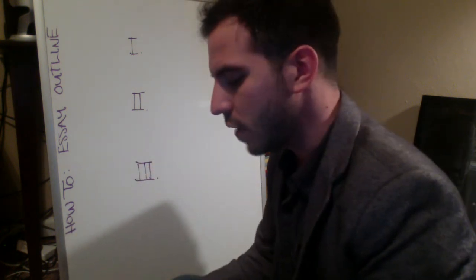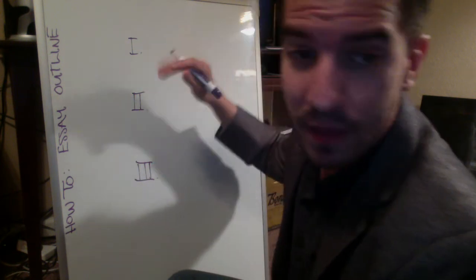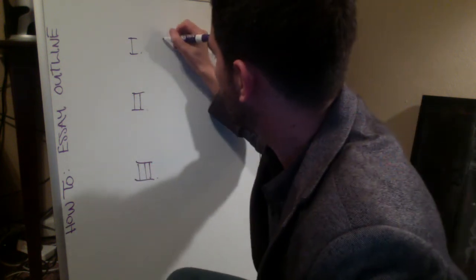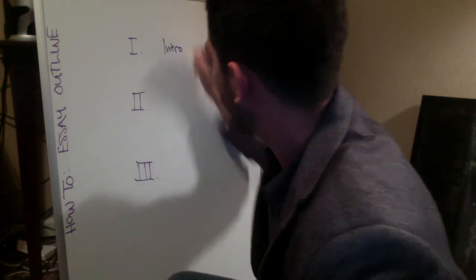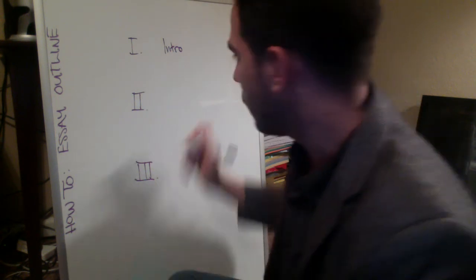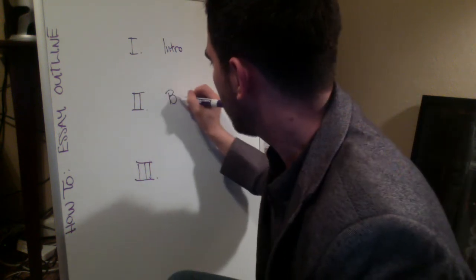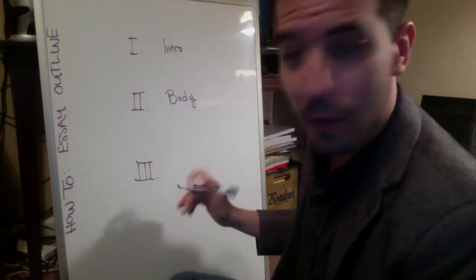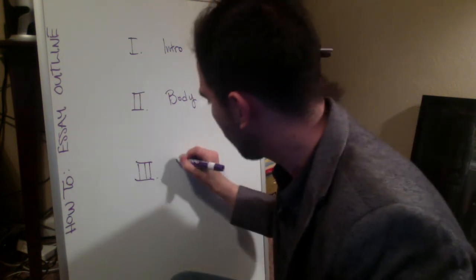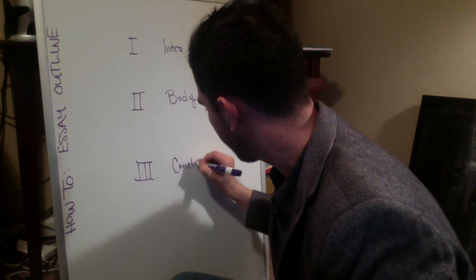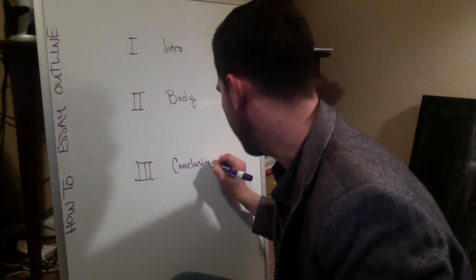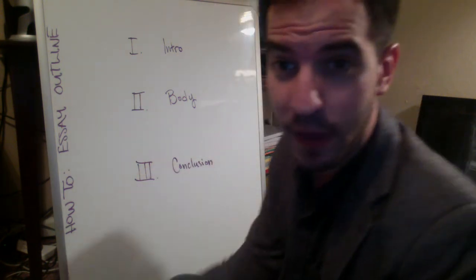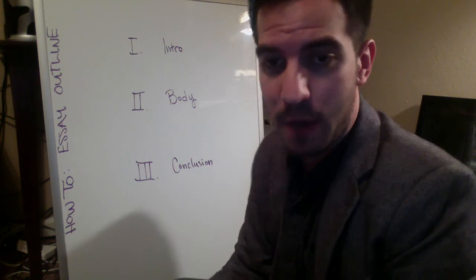Okay, so Roman numeral 1 would be the intro. 2 would be the body. And 3 would be the conclusion. All right, this is the basic structure that you need to keep for your essay.